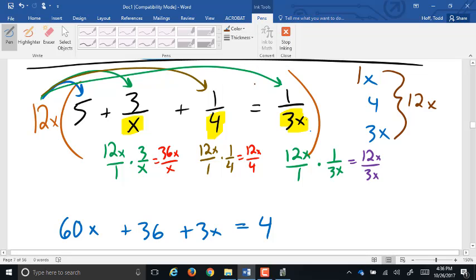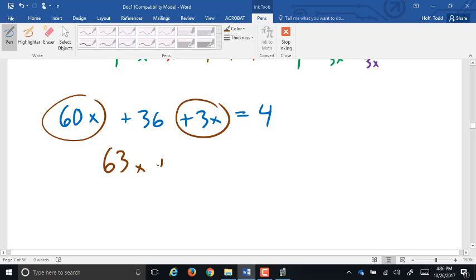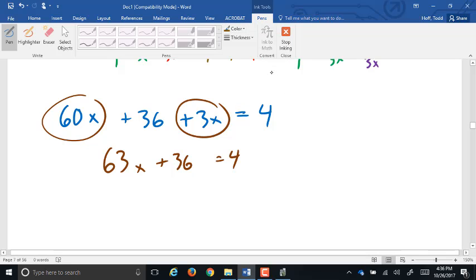So now we're at this equation here, which we know how to solve. What would we do first? Combine the 3x and the 60x make 63x. We still have plus 36 equals 4. Then what? We will subtract 36.